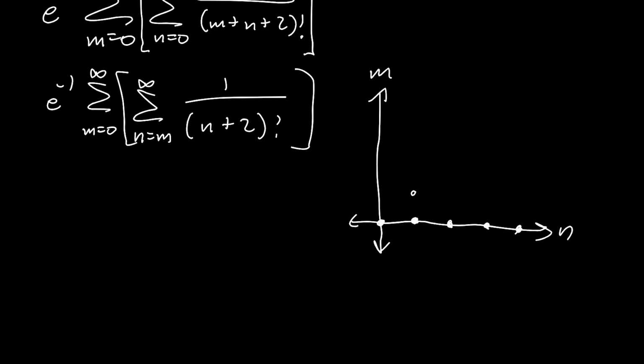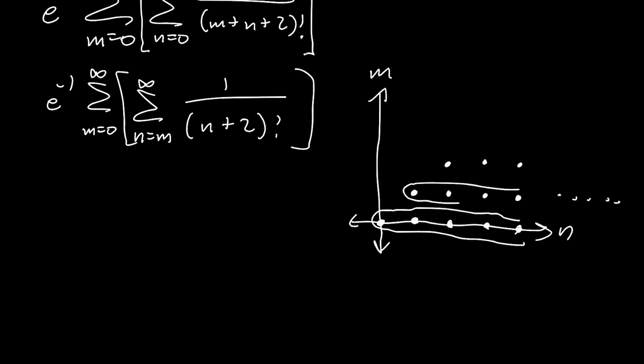So we end up with our first term here, and then we're going to continue going infinitely to the right. Similarly, when m is 2, we're going to start at n equals 2, and keep summing infinitely to the right. So at the moment what these sums are describing is just each of these infinite sums that keep on going to the right, grouped up like so.